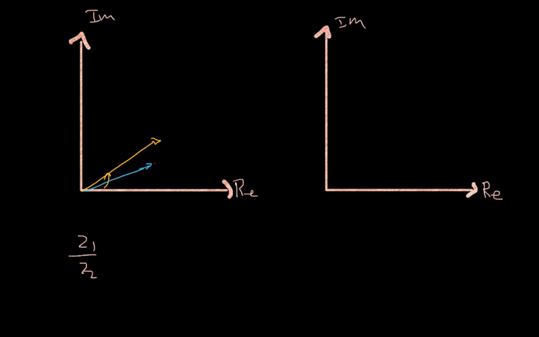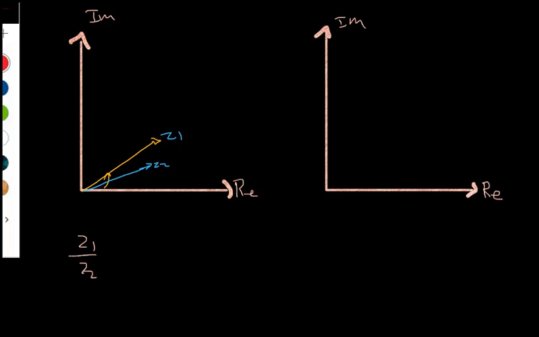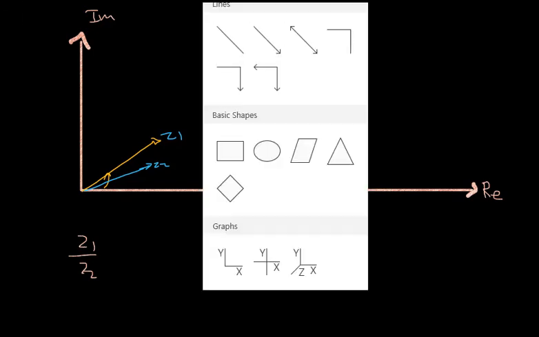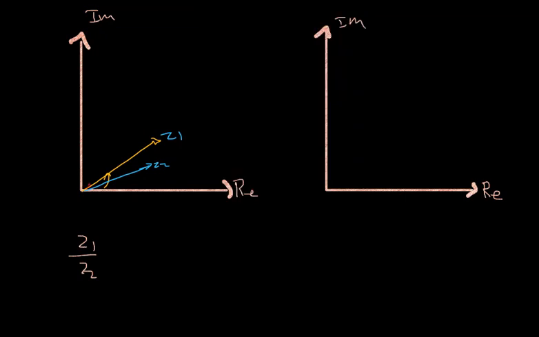So to find the quotient, or the argument of z1 over z2, this is how we do it. Let the result be this one. Let's take one angle here. This is our z1.